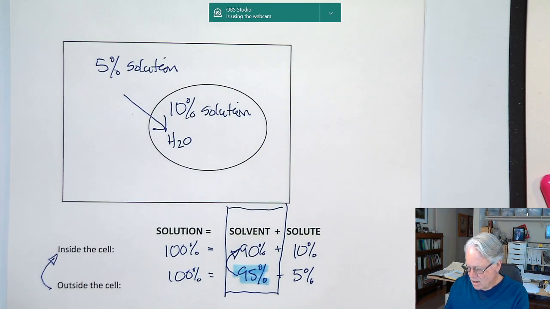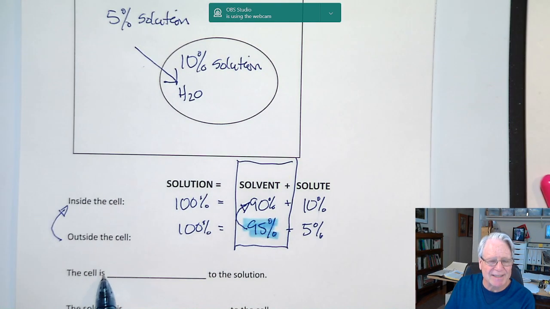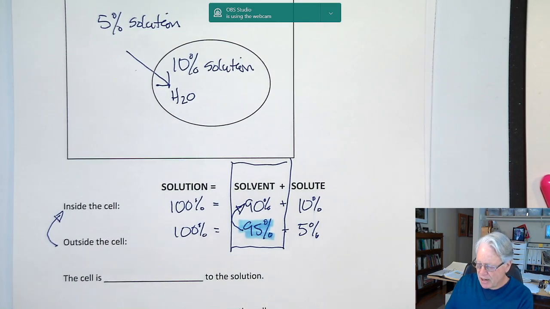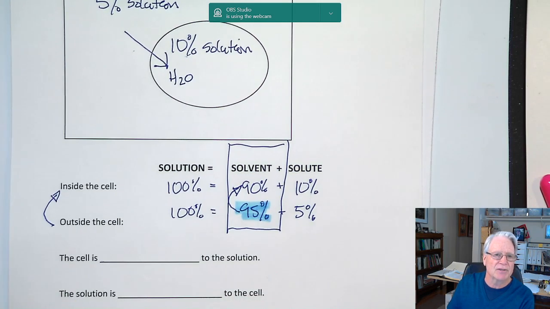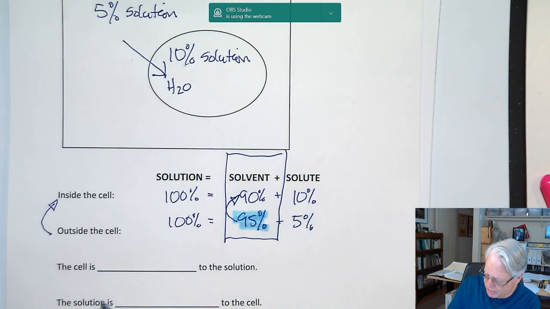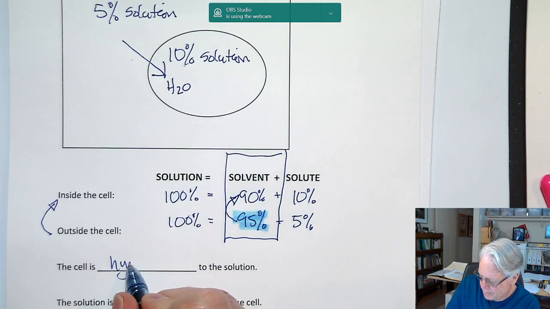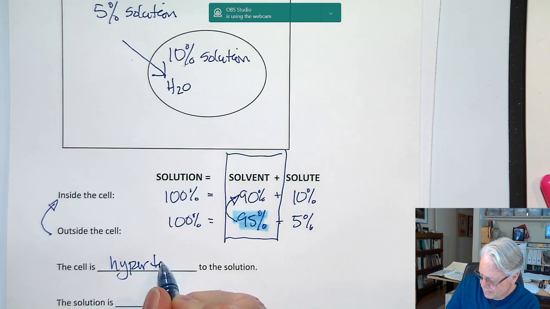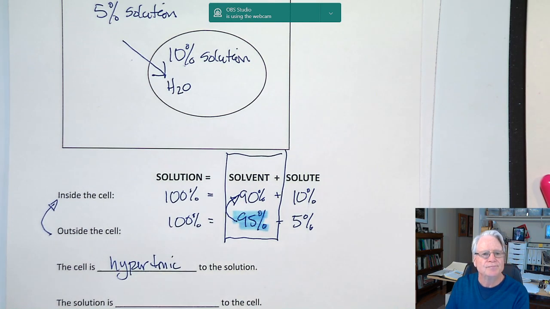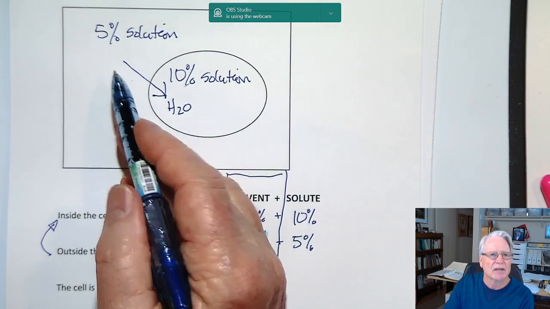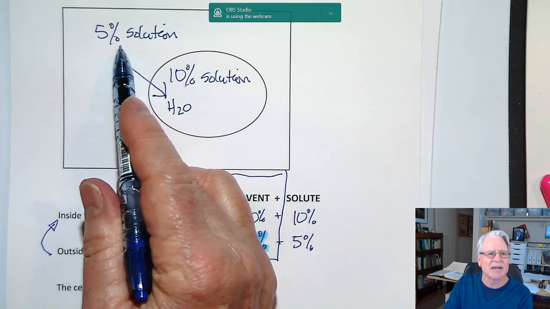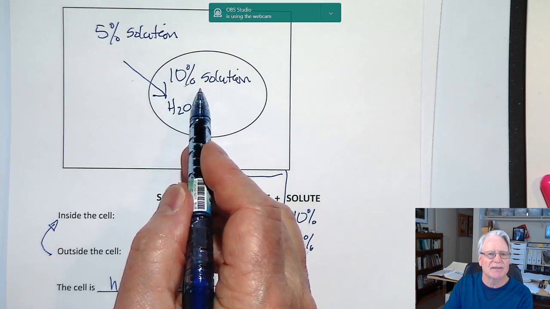Okay. So how do we describe that cell? Well, if we look at the cell, it has more than the outside. So the cell compared to the solution is hypertonic. The concentration is less outside the cell compared to the inside of the cell.